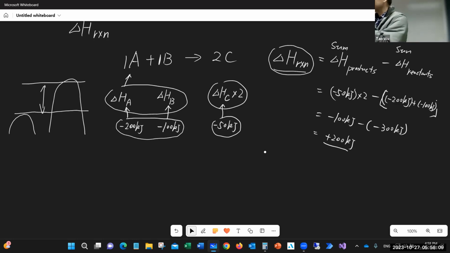People assume the enthalpy of a certain, this is what we call the enthalpy of formation. So that's how we put the F up here. This is the enthalpy of formation.